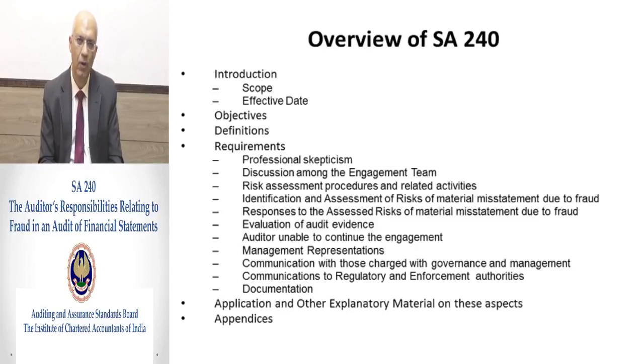And also what documentation you need to obtain. Then the standard also has various appendices and application and other explanatory material, which I suggest you should go through to understand this standard much better.